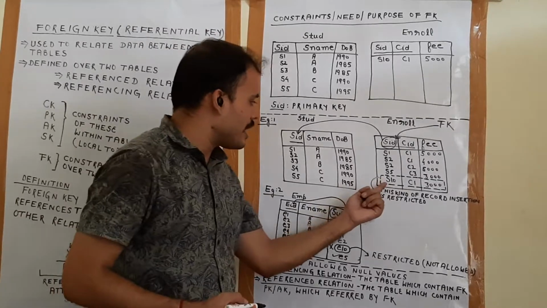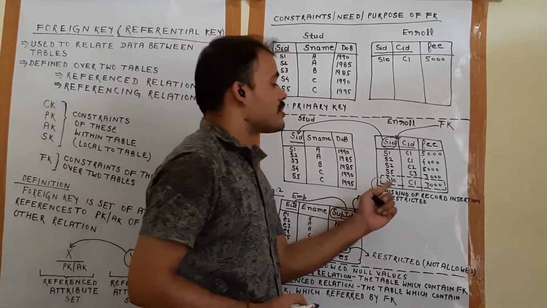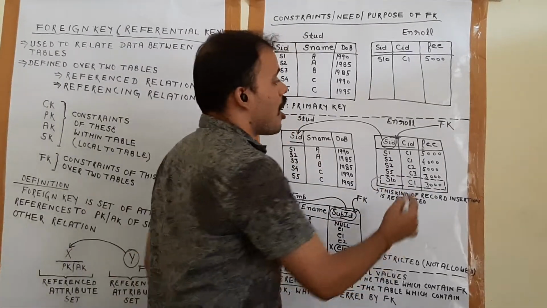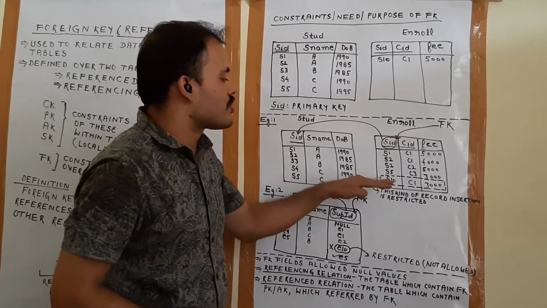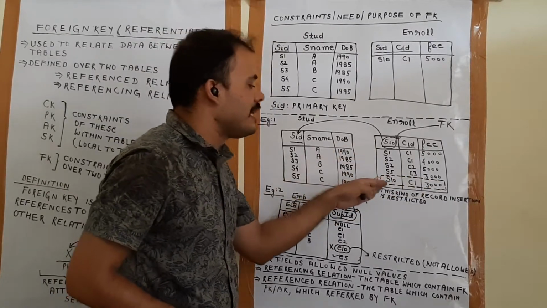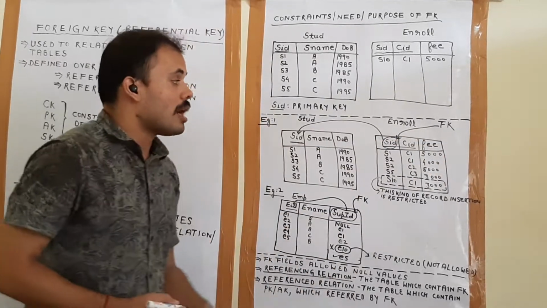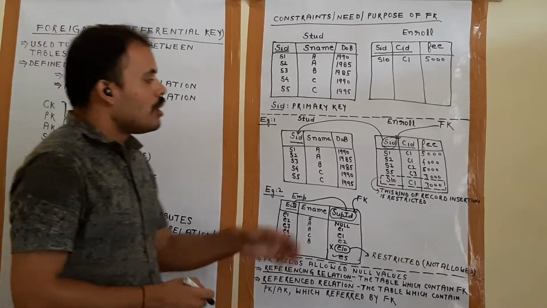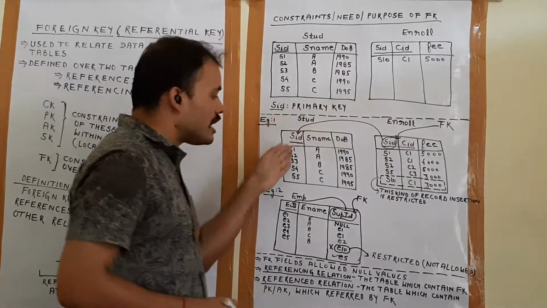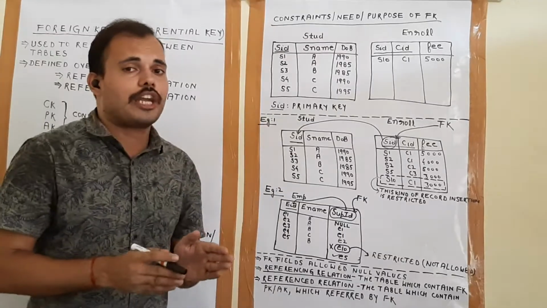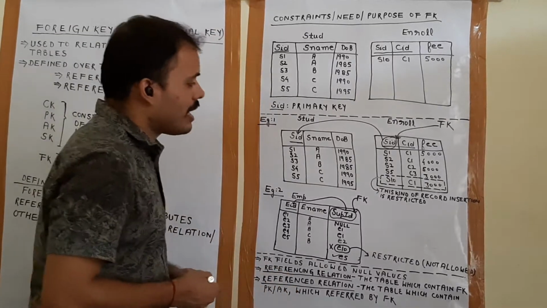see here, S10 does not belong to the student table. So S10 is not allowed here because of this foreign key. This record containing SID S10 is not allowed here because the constraint that only those SIDs can be stored in the enrollment table which belong to the student table is incorporated by using foreign key.